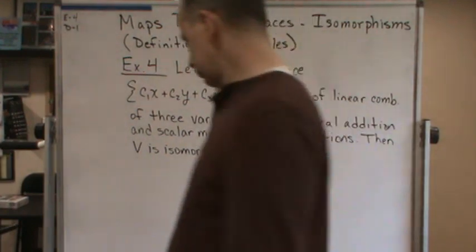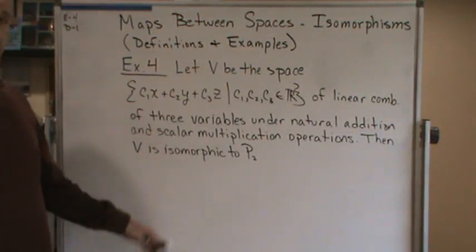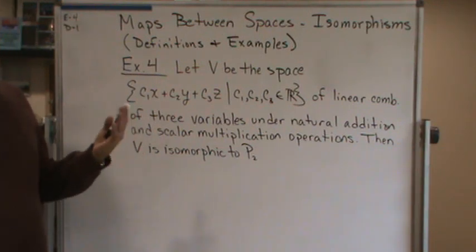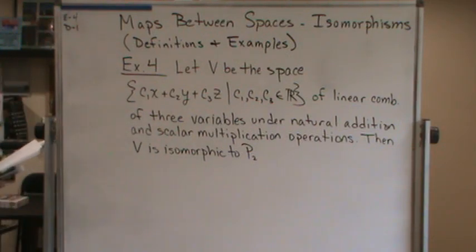Now, how are we going to show this? Well, we just have to show that the conditions are satisfied. So we have to pick a mapping. Right now, there are more than one mapping we could choose.